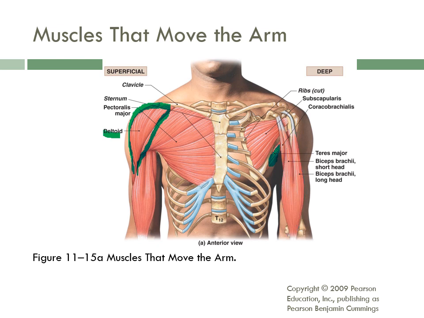And then this muscle is called the subscapularis. And you can see the ribs are all cut away here. So the subscapularis is actually on the anterior surface of the scapula, between the scapula and the ribs. And it also comes out and attaches to the humerus.